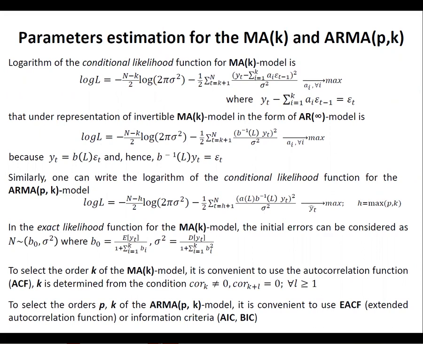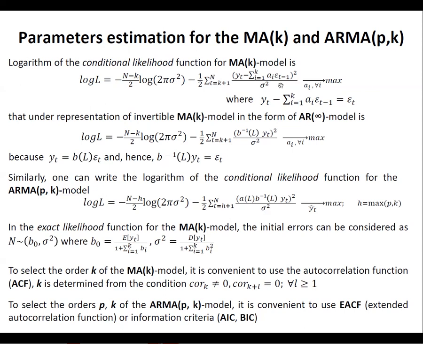To understand the other way to obtain the estimates, let's write the conditional likelihood function for the ARMA process. We have already seen the logarithm of the maximum likelihood function for the autoregression process. Everything will be the same here, except that in the numerator we have the deviation of the original series from the autoregression model. Y_t is the original series.